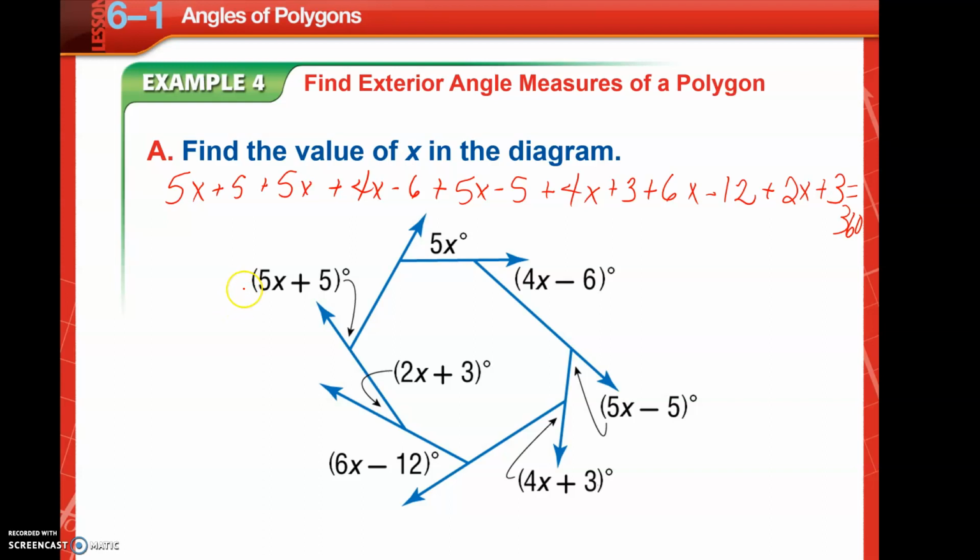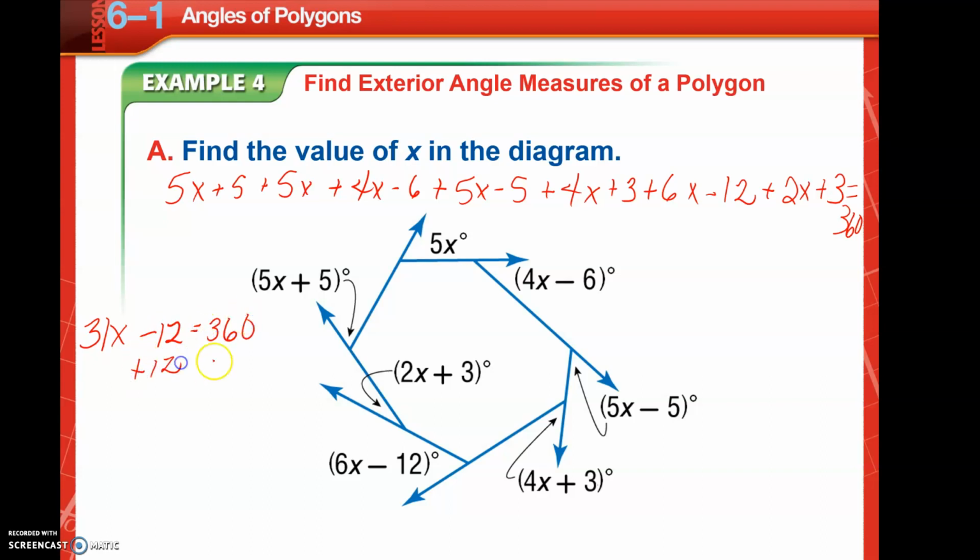So let me add up my x's. So 15x, 25x, 31x, and my numbers here, minus 12 equals 360.